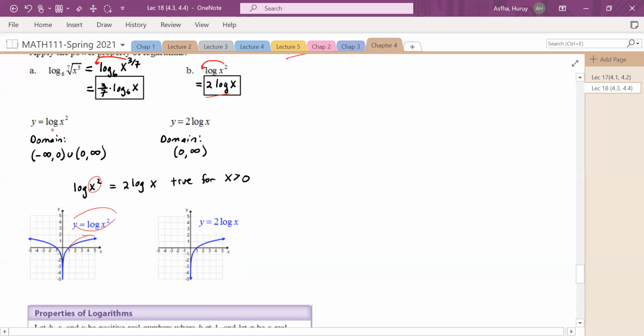The domain for this one is from negative infinity to 0 union 0 to positive infinity, except the value 0, because the value 0 makes this one undefined. Okay, therefore it's not in the domain.